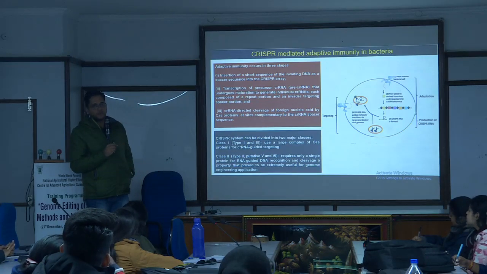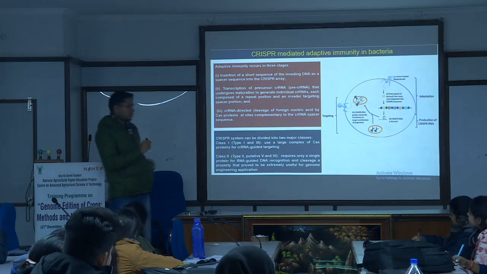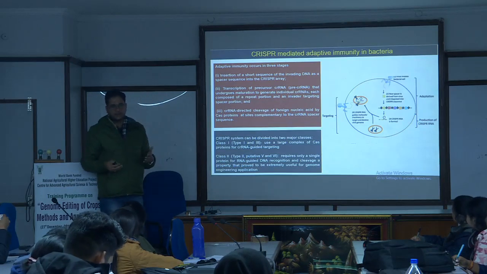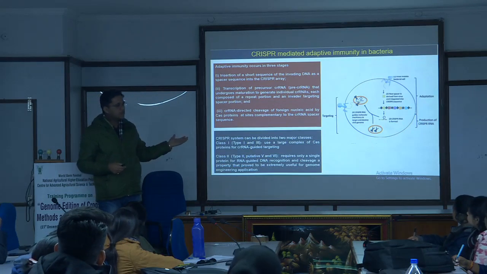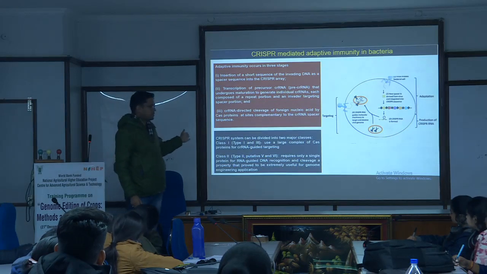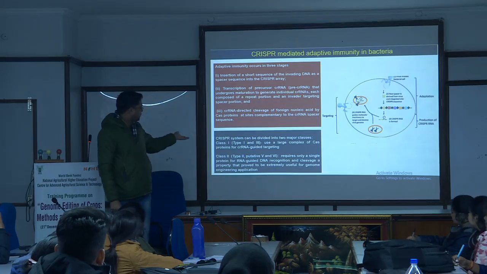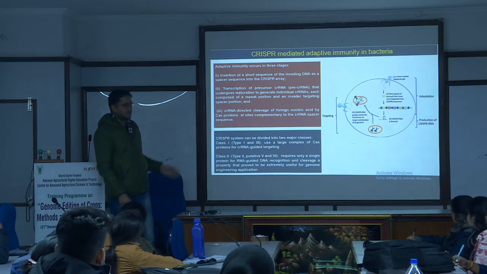In class 2, a single Cas protein can guide your CRISPR Cas9 system to your target locus. So a class 2 system is easier to handle compared to a class 1 system, and that's why we go with class 2. Class 1 systems are type 1 and type 3, and class 2 systems are type 2, type 4, 5 and 6.